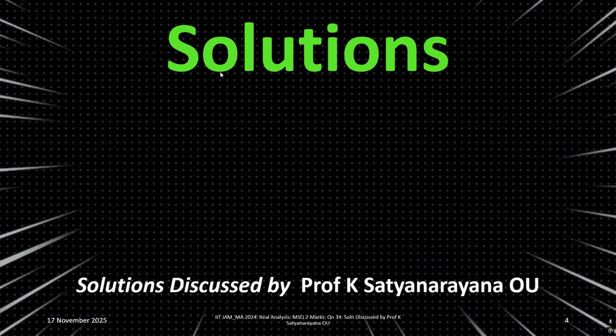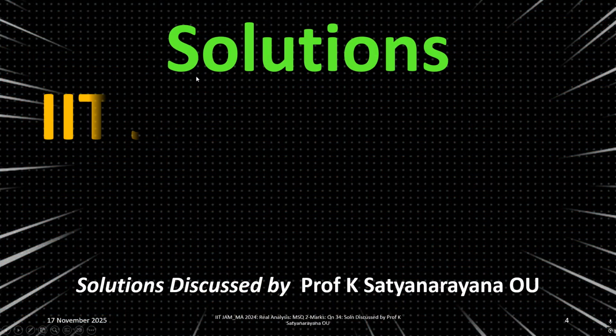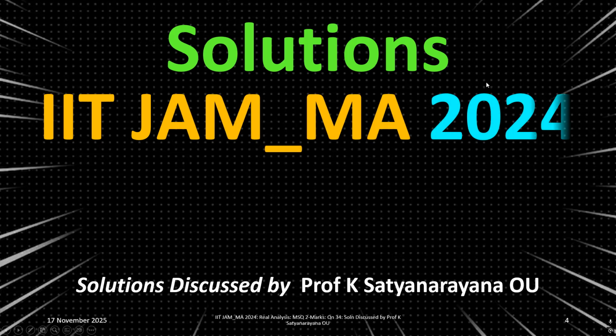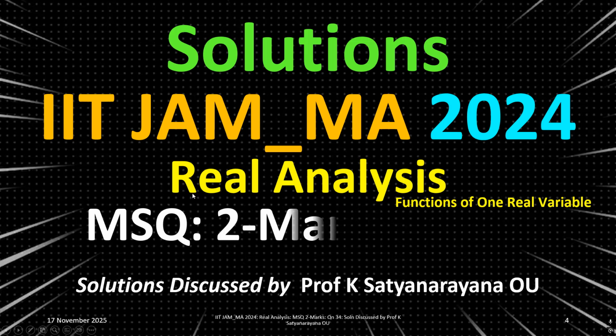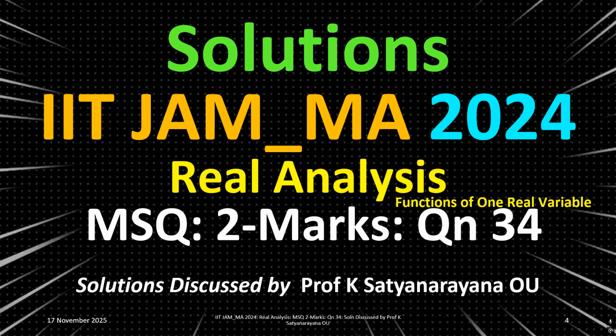We continue the discussion of the solutions of the problems that have appeared in the IIT JAM Mathematics 2024 examination. In this video, we discuss the solution of a problem from the section Real Analysis, and it is a multiple select question for 2 marks, placed at serial number 34.